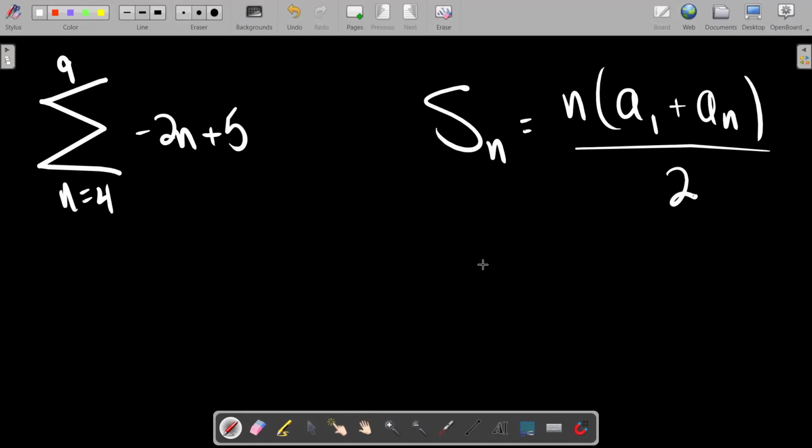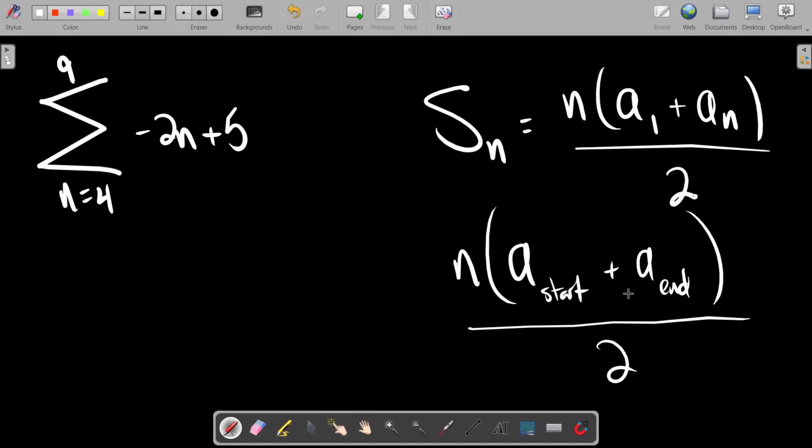So let's go a sub start, that's what I wrote down, plus a sub end, which I know seems really odd, and it's not like you won't ever see that in a math textbook. But I know the struggle I've had in the past when people go to learn this is they think that a sub one quite literally means the first term of the entire sequence, and it doesn't. It equals the first term that we care about, which in this case specifically is the fourth term.